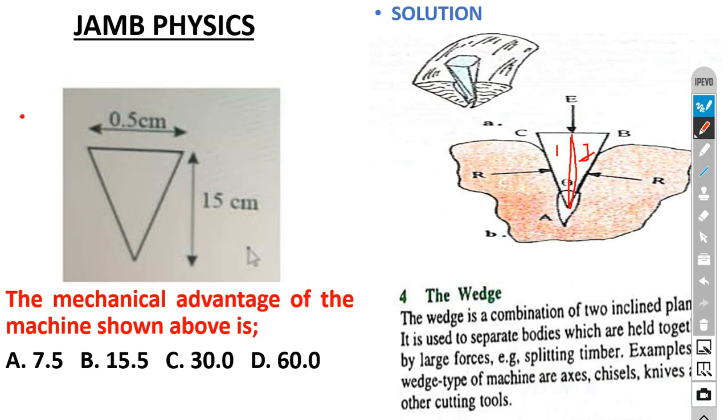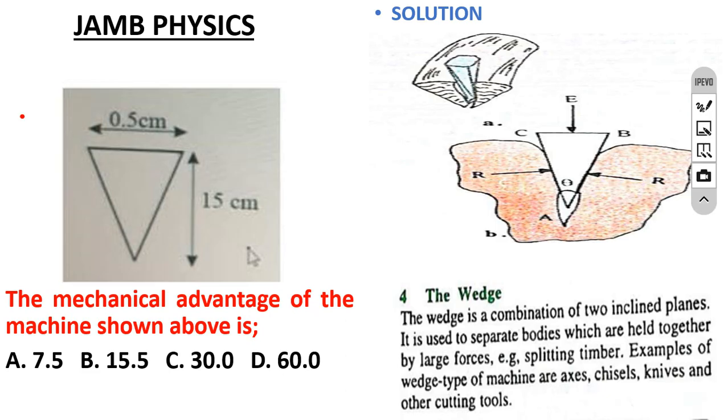When you combine the two, you get a machine called the wedge. It is used to separate bodies which are held together by large forces. For example, splitting timber.